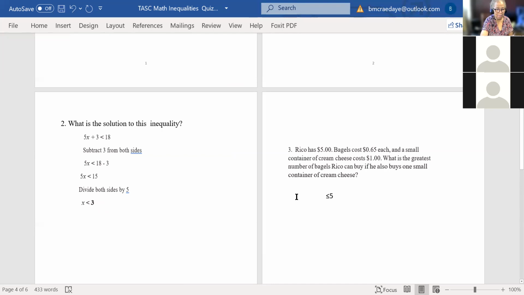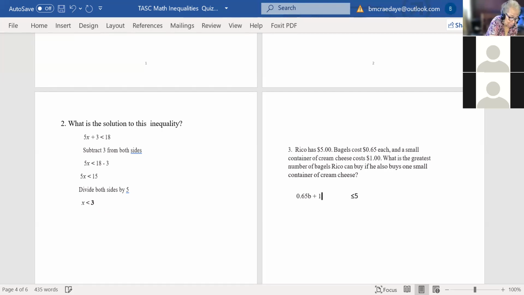0.65, and next to it you put B, which represents bagels. Very good, 0.65B. And what else is he buying? Cream cheese, so you put plus $1.